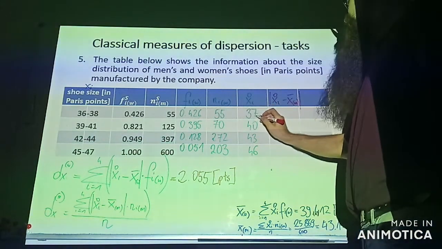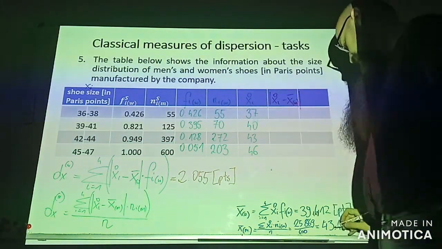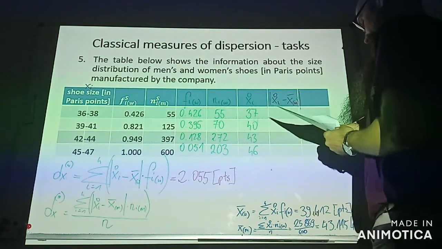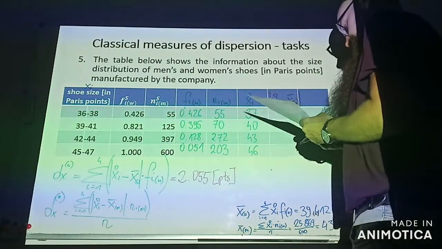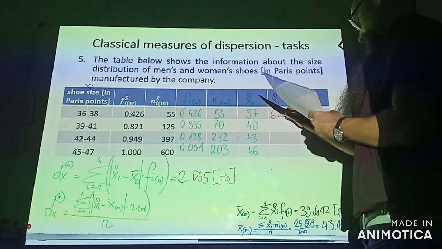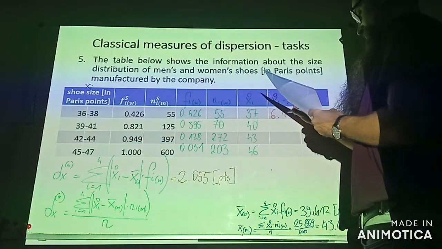So here we have 37 minus 43.115, and the result is 6.115.